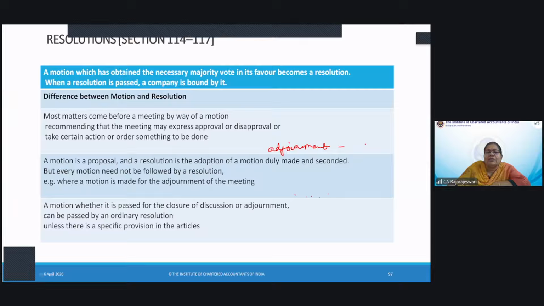Then you can pass it as an ordinary resolution, and you can treat it as having passed. That is also possible. So first you give your intention, and then it will be taken as a resolution. Resolution means you are following it. So it was resolved that they will do it. Or it may go in between also.